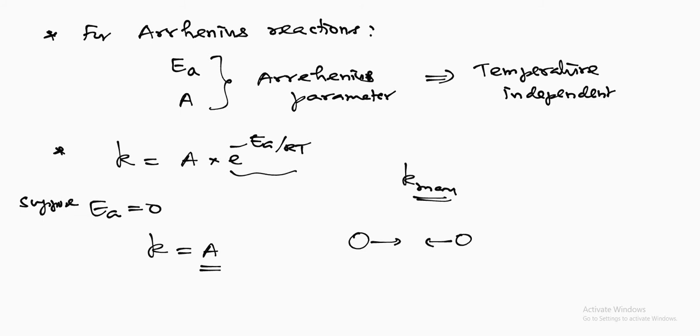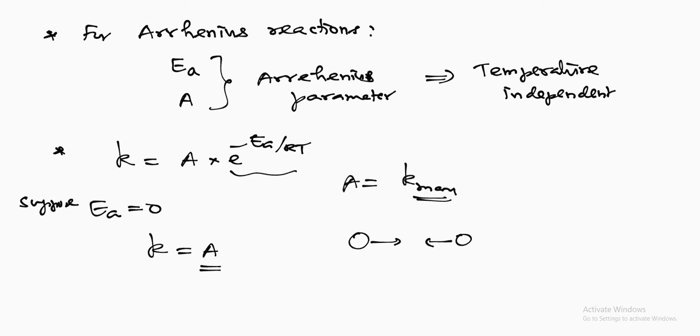But what is observed is that all collisions are not fruitful collisions. I repeat, if EA is 0, K should be equal to A. What is A?